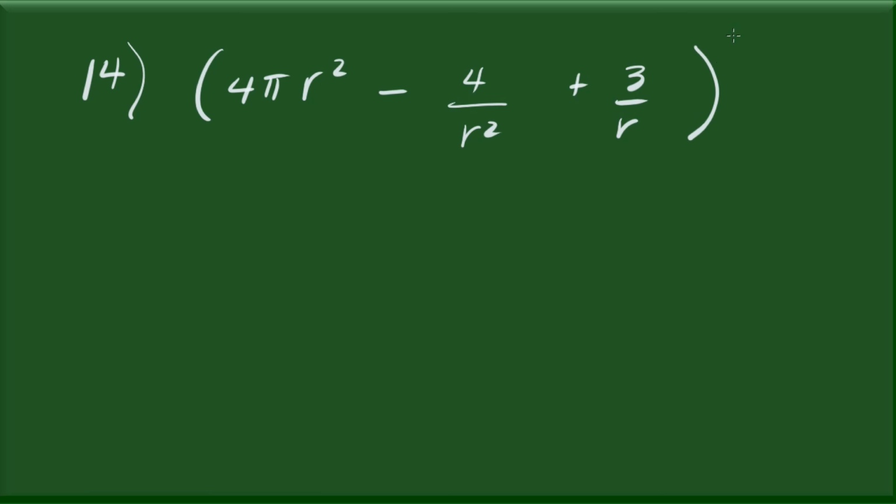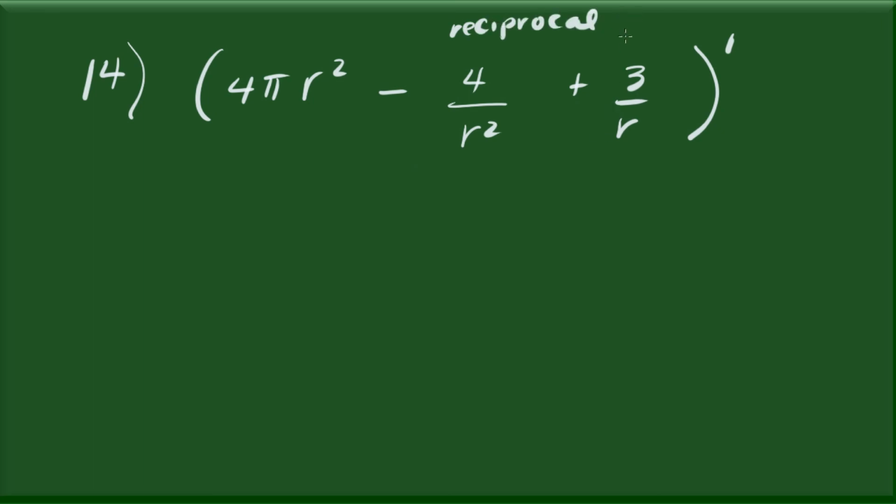All right, let's see number 14. 4 pi r squared minus 4 over r squared plus 3 over r. So this is a reciprocal.